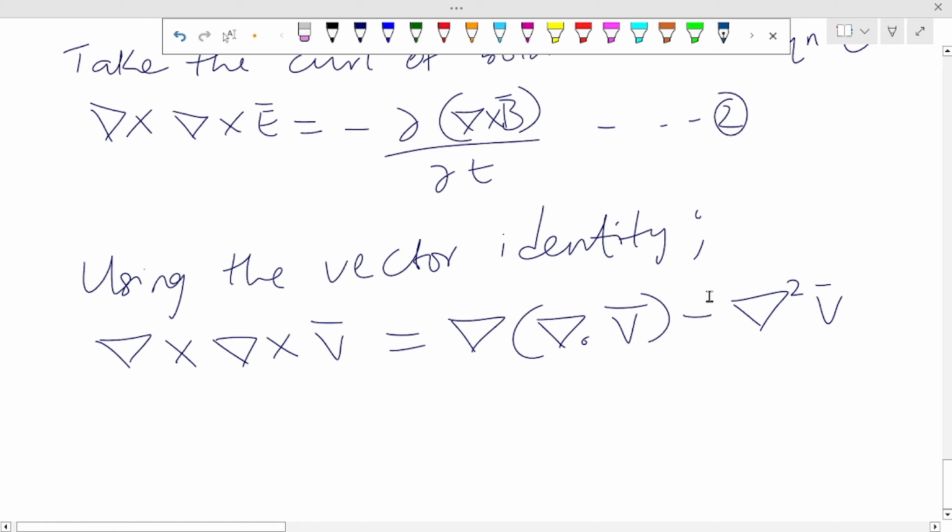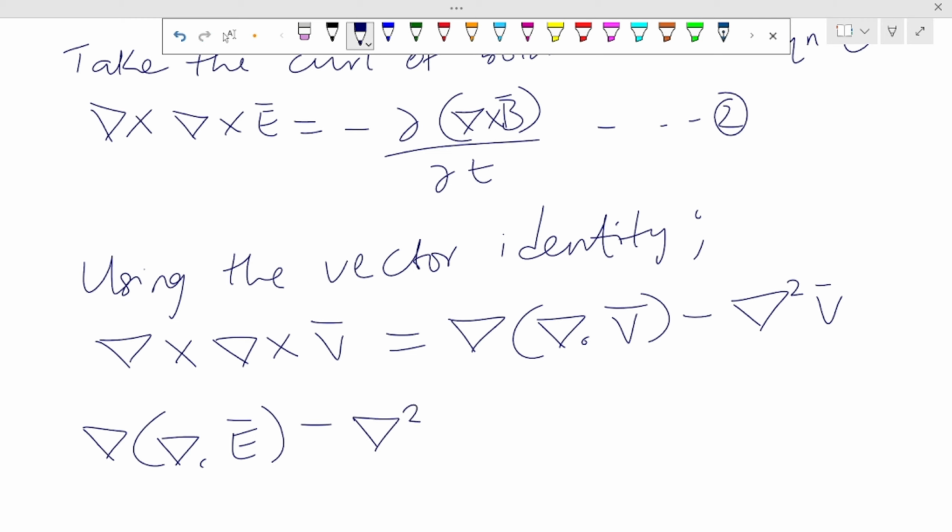Meaning, for our left hand side, we'll have Nabla and this dot. In this case, what's our vector field? E. So let's go with that, E. Are we following? Minus the Laplacian, which is just simply Nabla squared. Why am I still using V?